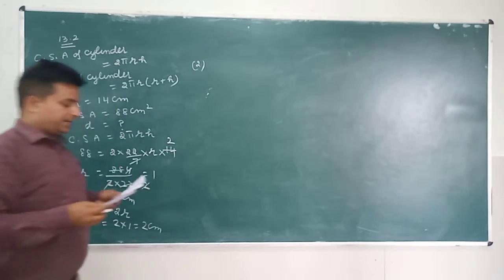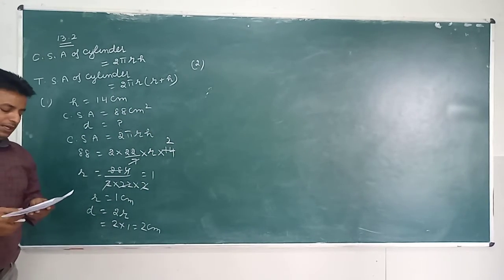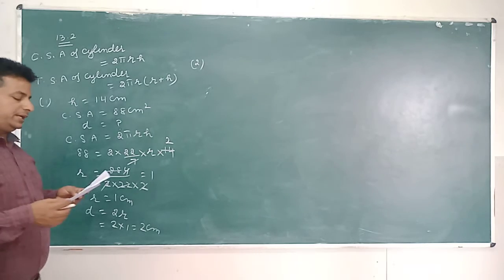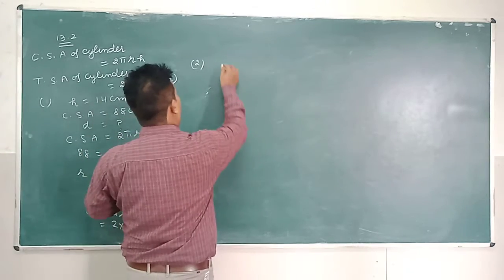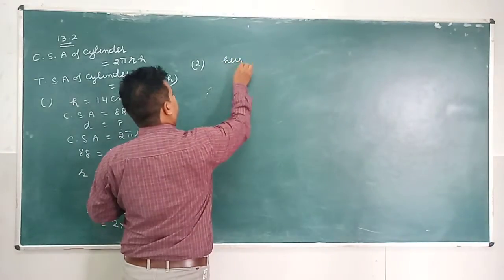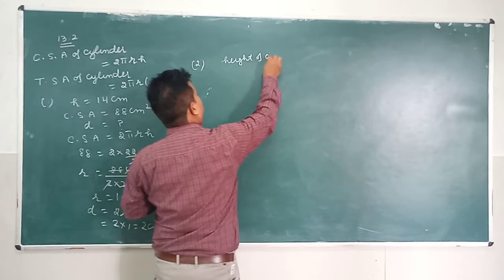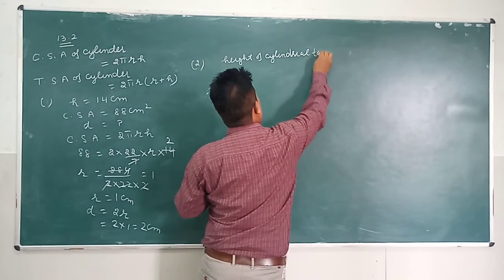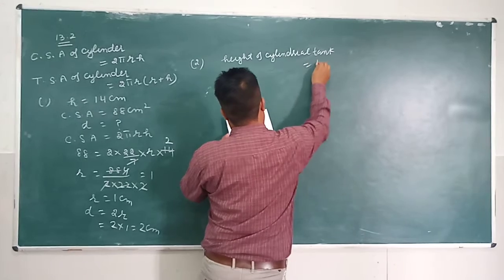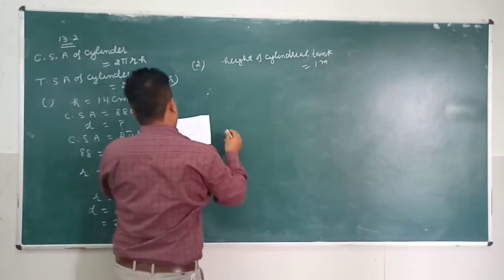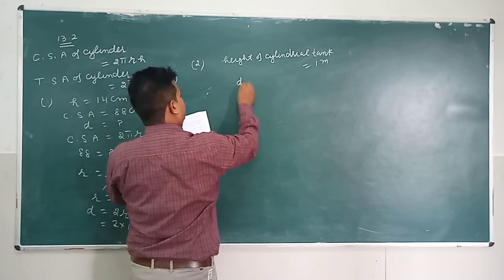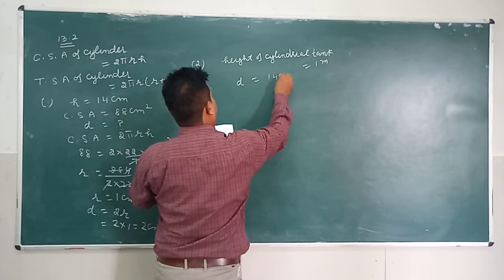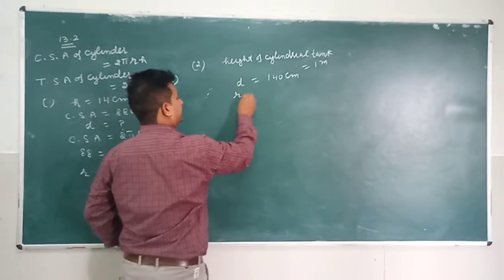In question number 2, the statement is: it is required to make a closed cylindrical tank of height 1 meter. So the height of the cylindrical tank is 1 meter and the base diameter is 140 centimeter.